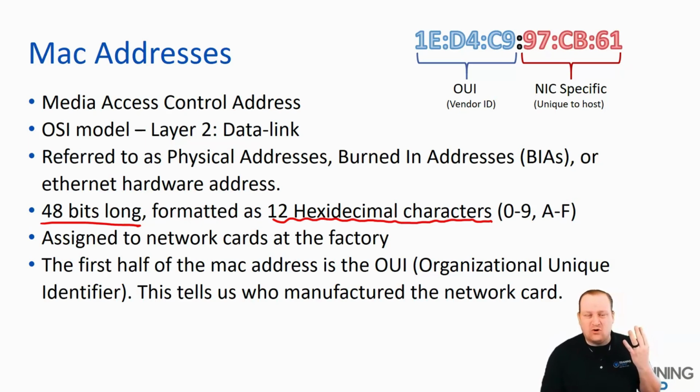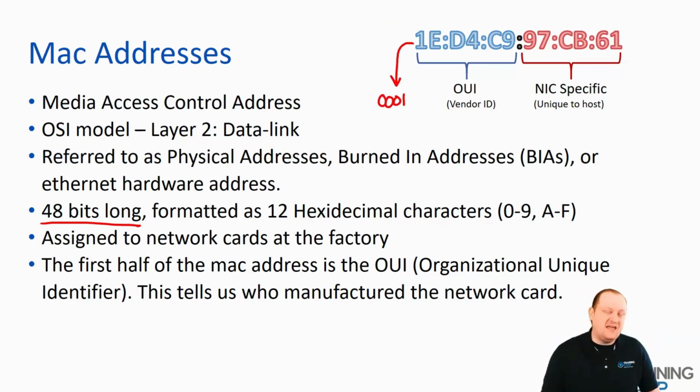So for example, if we look all the way up top, this hex character 1 is a 4-bit value. I know what that one would look like. It would look like 0001. And the letter E is also a 4-bit value. What does it look like? 1110. They're all 4-bit values, and there are 12 of them.